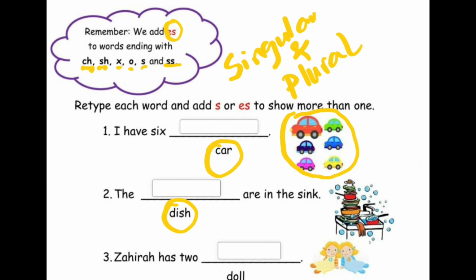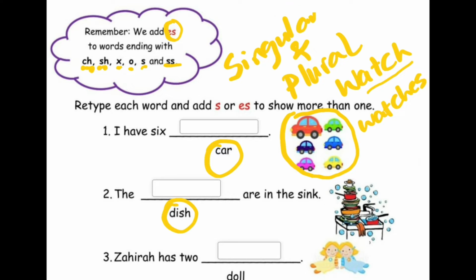Ending with ch, watch. If there is one watch, then watch. If there are many, then what will we do? The rule is to add es. Watches.